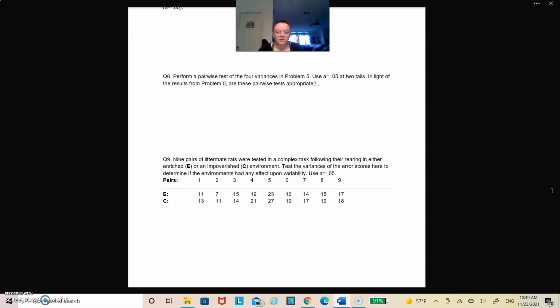And I did the same thing here. We found that there was an N equal to 9, and that I found the variance of E was 20.70, and the variance of C was 22.75.